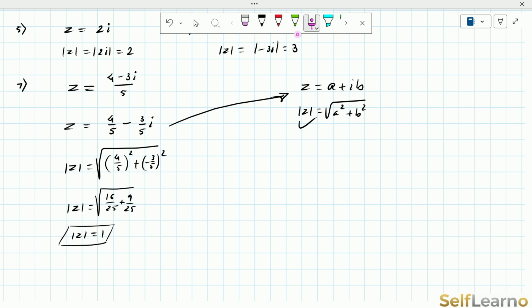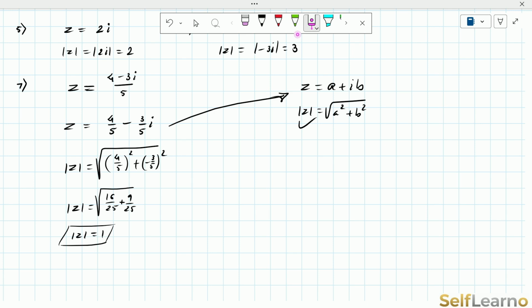So to find the modulus of a complex number, you have to obtain the complex number in the standard form. Then only you will be able to obtain the modulus. In the whole chapter, it is going to happen. We are going to obtain the argument of a complex number and many other characteristics of a complex number.